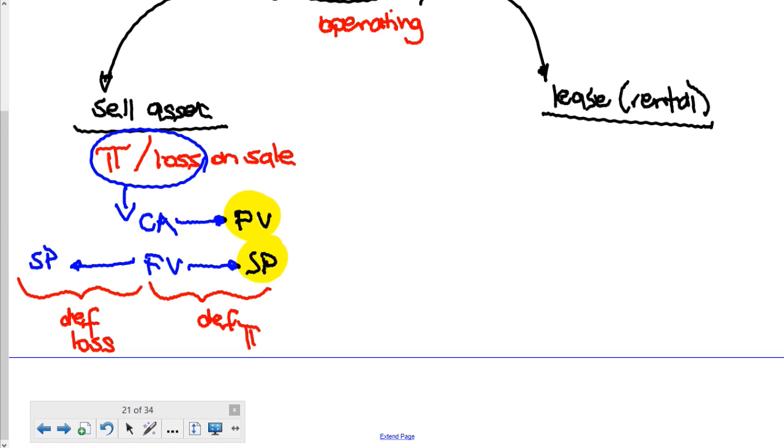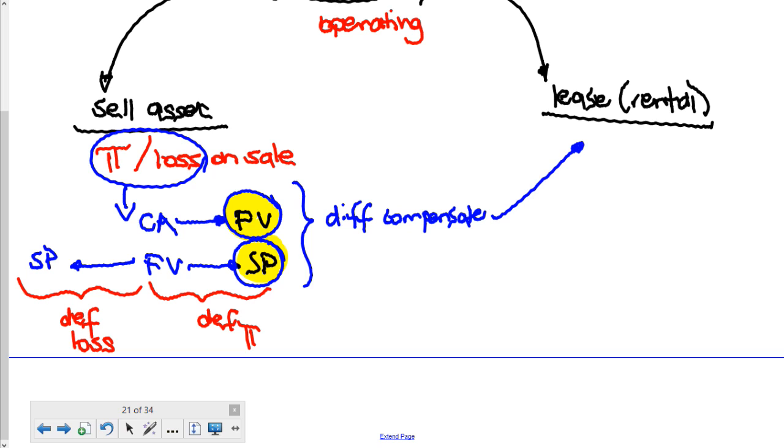That fixed amount of money could be more than what your machine is worth or less than what your machine is worth, isn't it? And you're going to go to the bank to ask for that amount of money, isn't it? So you are going to go to the bank and you're going to ask for a certain amount of money for selling price. But your machine is going to be worth either more or less than that selling price. This difference will be compensated in the future lease amounts.